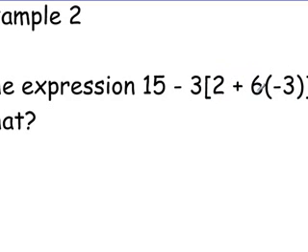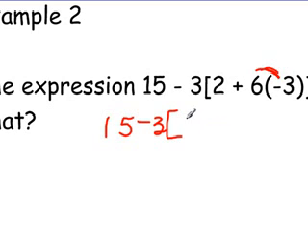So we're going to treat the brackets just as if they were parentheses. I'm going to write down my 15 and my -3. Now since I have a parenthesis inside my bracket, I'm going to do this part first. So I have 2 plus 6 times -3.